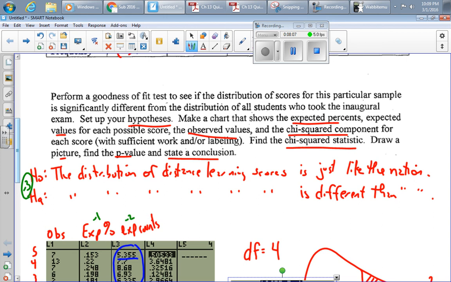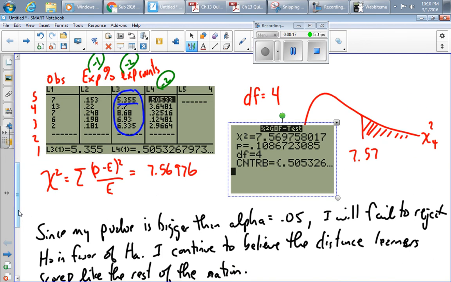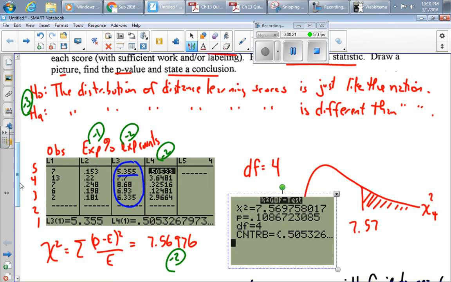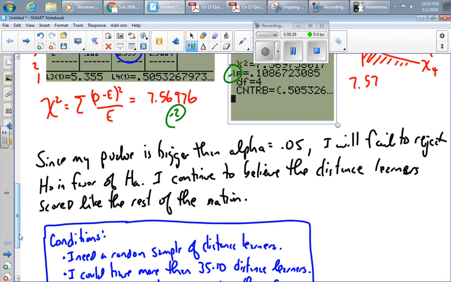The chi-squared components, that'll be worth 2 points. The chi-squared test statistic, which will be worth 2 points. The picture, which is worth a point. The p-value, which is worth a point. And state a conclusion, which is worth 3 points.